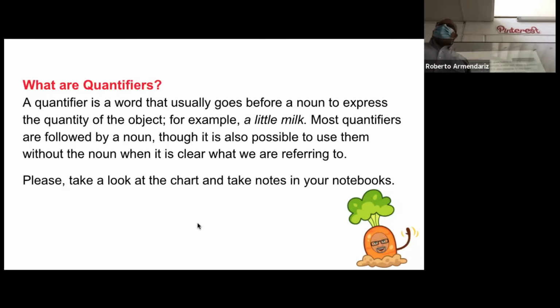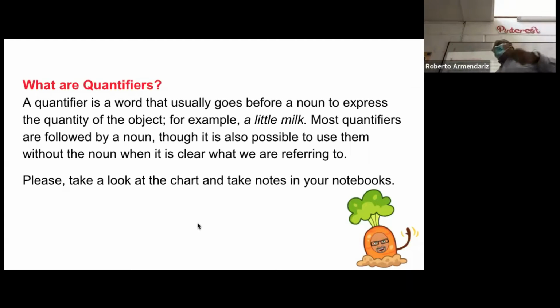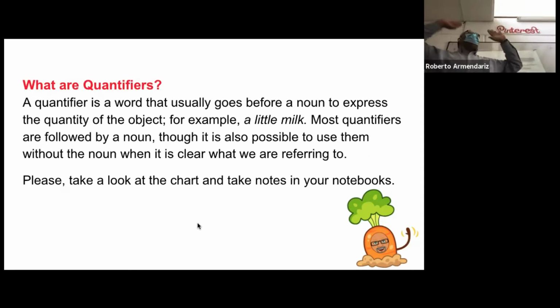Okay? So the idea that you had yesterday is completely correct. Quantifier means quantity, amount, numbers. So it's completely correct.